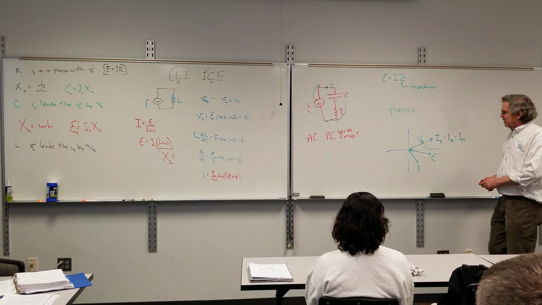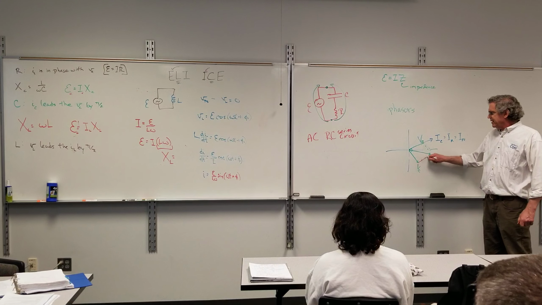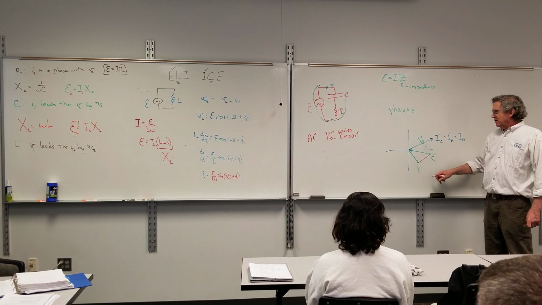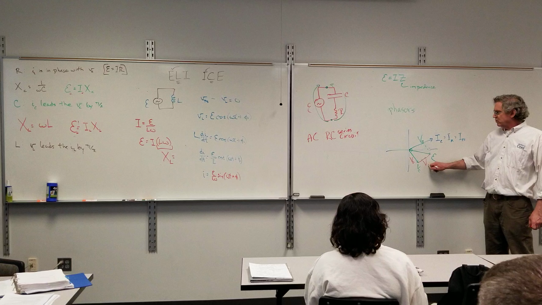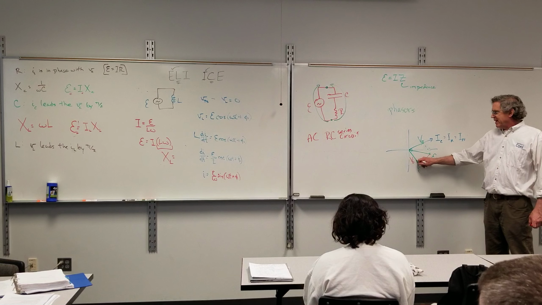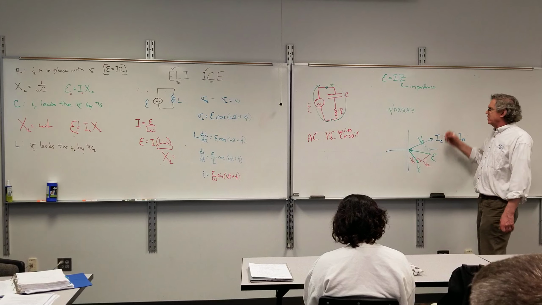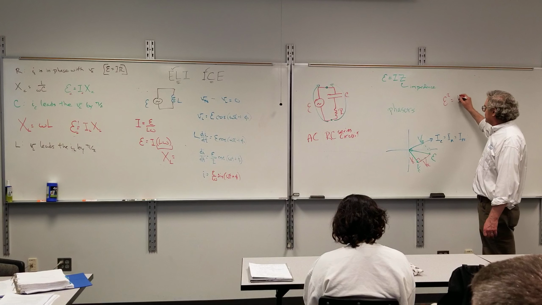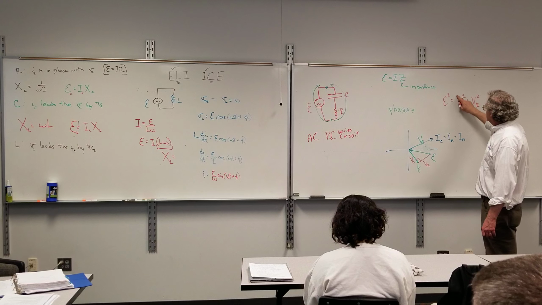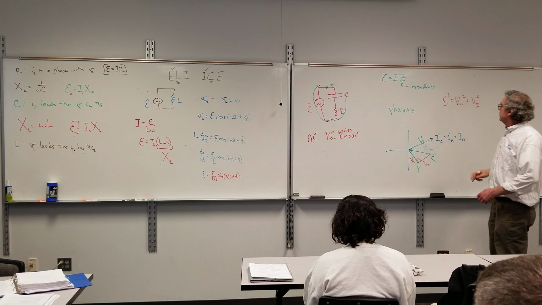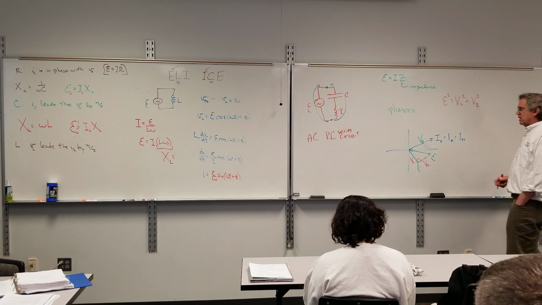More math. When I added these, they are at a 90-degree angle to each other, and that is the same as this. This length represents VC, this represents VR. That is a right angle there. It's just the Pythagorean theorem. Epsilon squared is equal to VC squared plus VR squared. They're all capitals because these represent the magnitudes, the amplitudes.